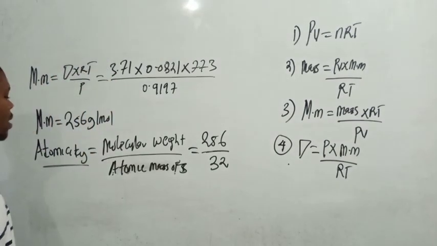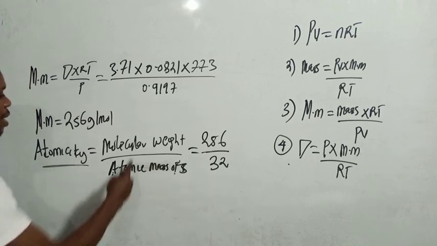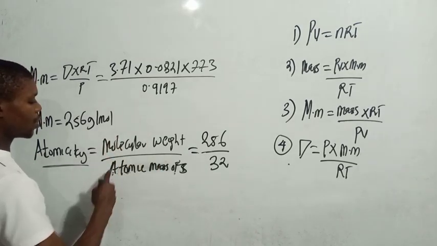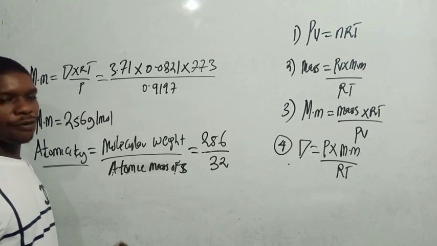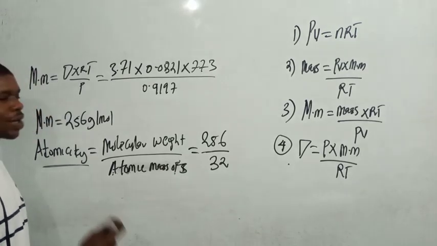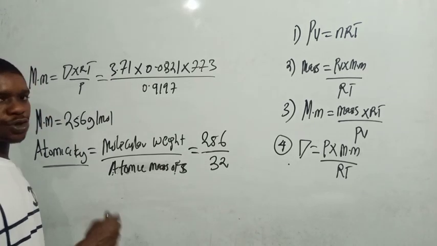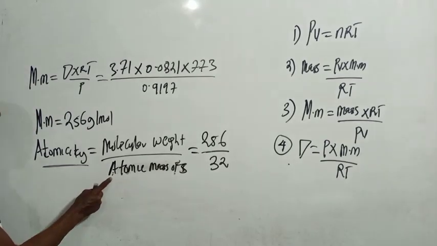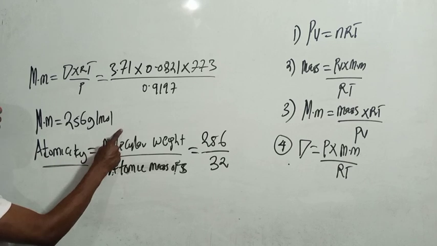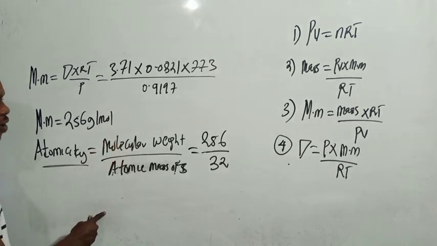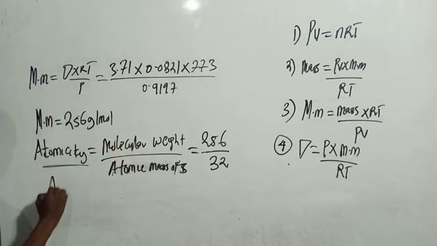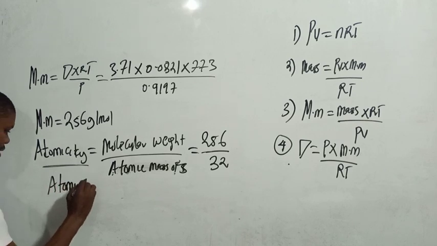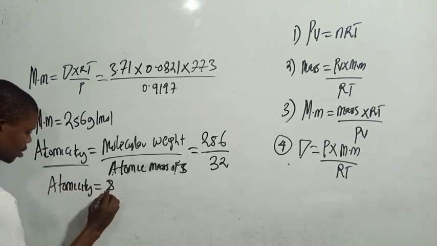So to get the number of atoms in the molecule, remember we have calculated the molecular weight of that sulfur vapor. We want to get the number of atoms of that sulfur in that vapor, so that is why we divide the molecular weight by the atomic mass of sulfur. After getting that, here we have the atomicity. The atomicity is equal to 8.